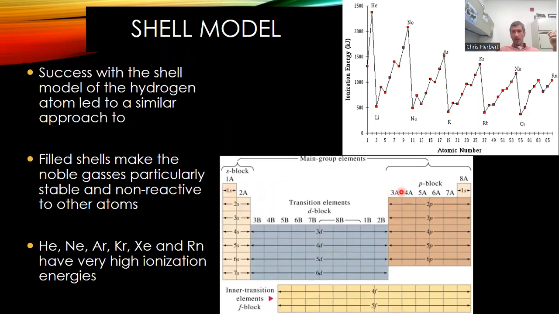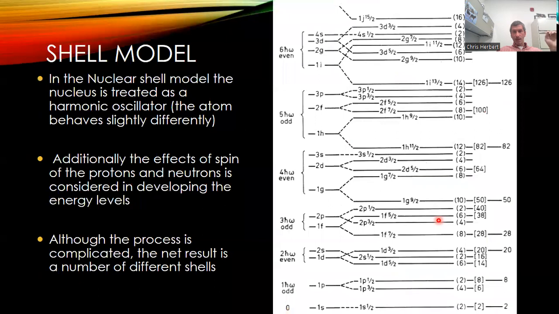Then again, we go to this model right here. We go to neon, where the next shell will be 2 s electrons and then 6 p electrons. So that gets us to neon. So to fill this shell right here, I need 8 more electrons. Here it's a little bit different.